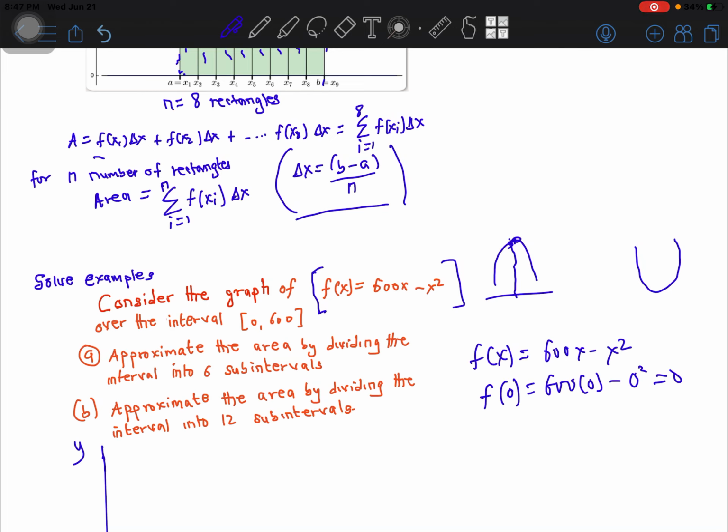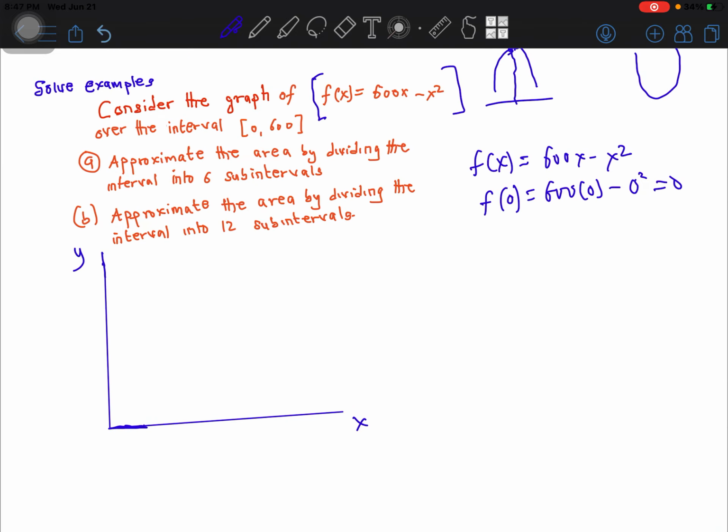The b stands for the end point and the a stands for the starting point. The end point is 600 minus the starting point 0, over the number of subdivisions, the rectangles we should divide into, which is 6, which is n. At the end of the day I'm going to get 100.